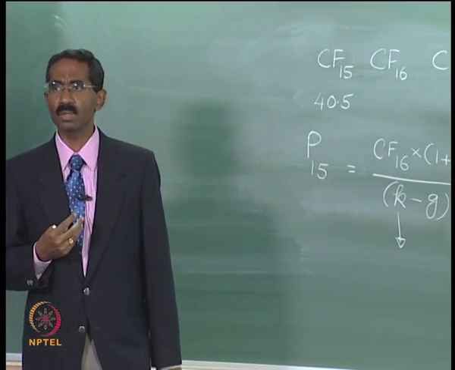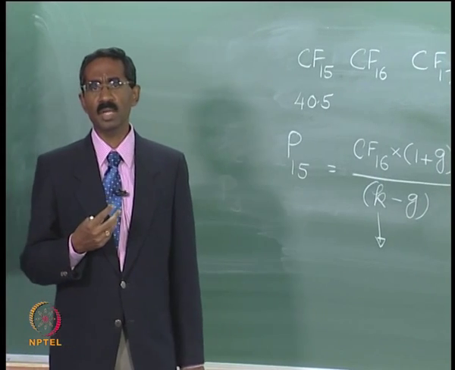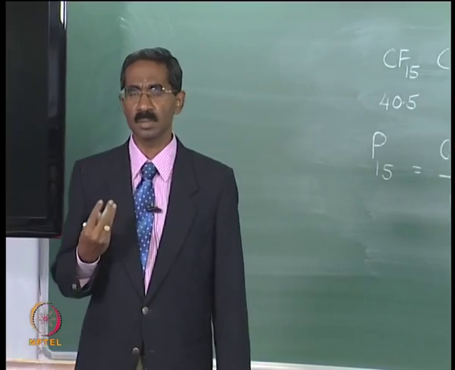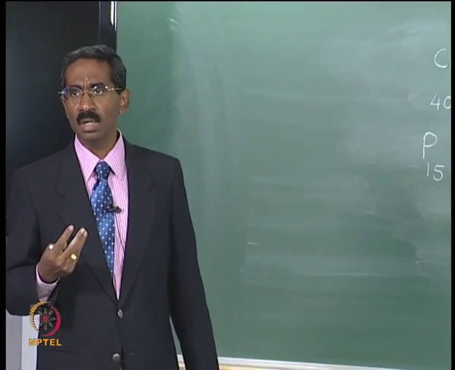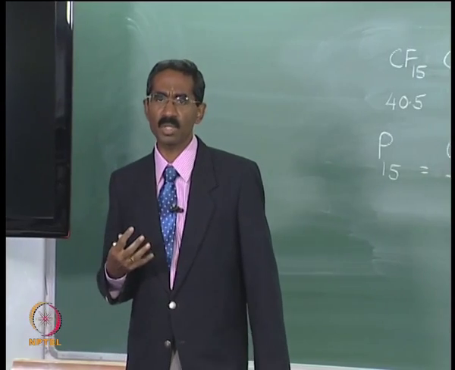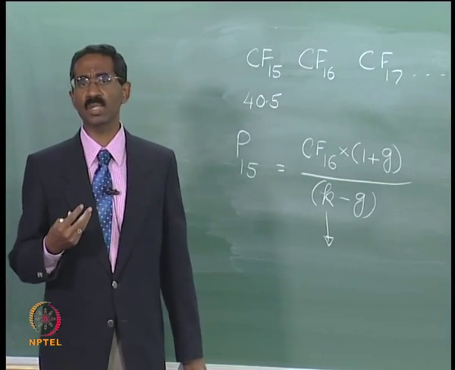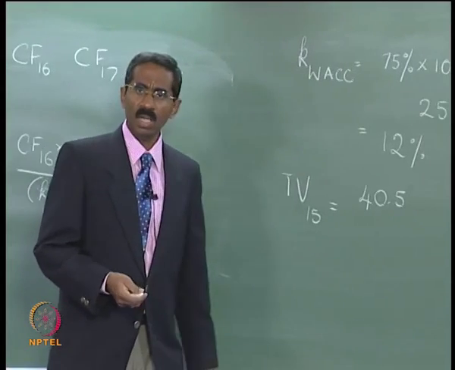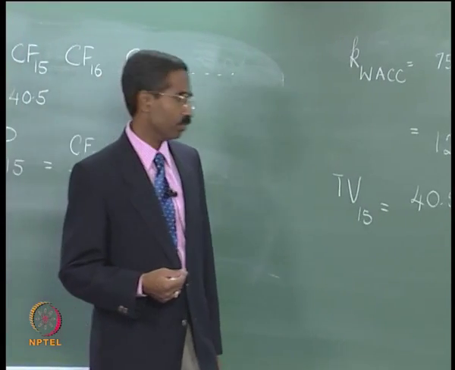because the project is not expected to have very high growth rates at the end of about 15 years, because of various reasons like competition, and it would gradually reach a steady state of growth. So I have assumed a growth rate of 3%.